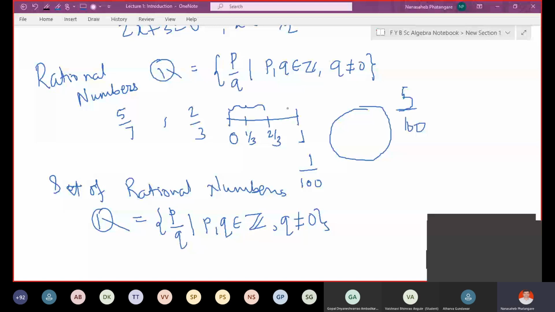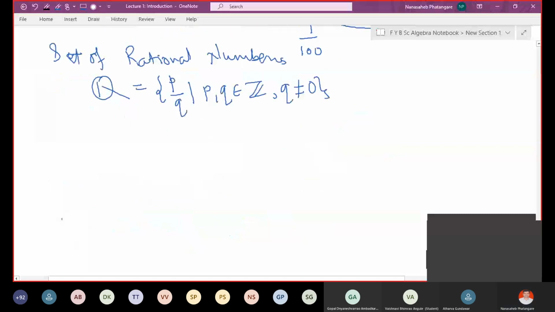But again, people thought that this is sufficient, our set is now big enough and we don't need more numbers. That was what people were thinking at that time, right? They believed that this is sufficient. We don't need more numbers.